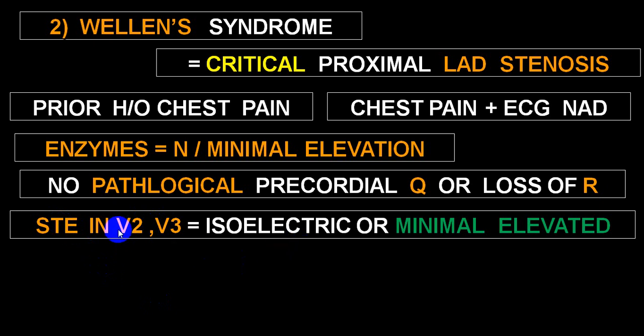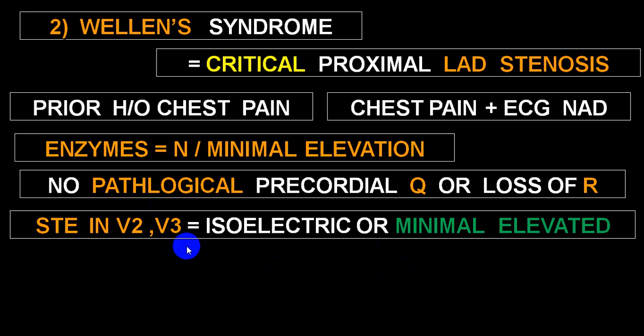So if you get an ST elevation in V2, V3 or even in V1, V2, V3, but by and large it is more common with V2, V3, and there is a biphasic T wave inversion, first initial positive followed by second negative, always suspect Wellens sign type A or we call type 1.